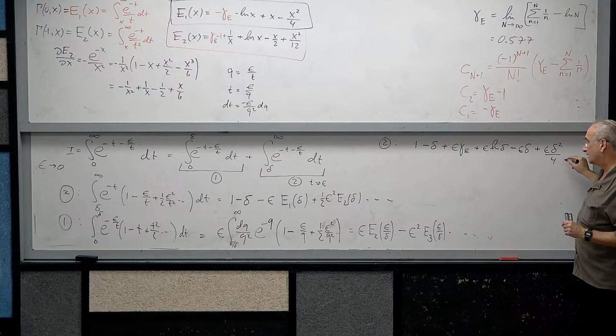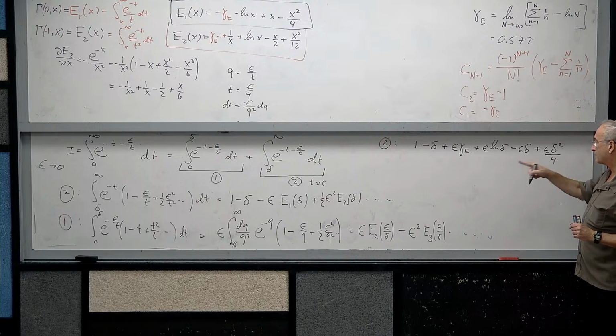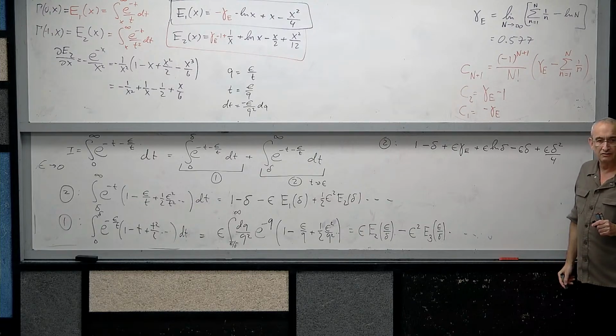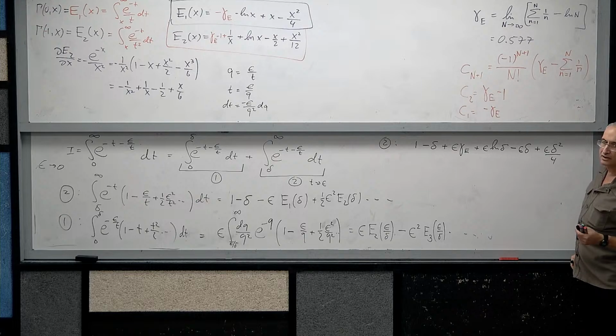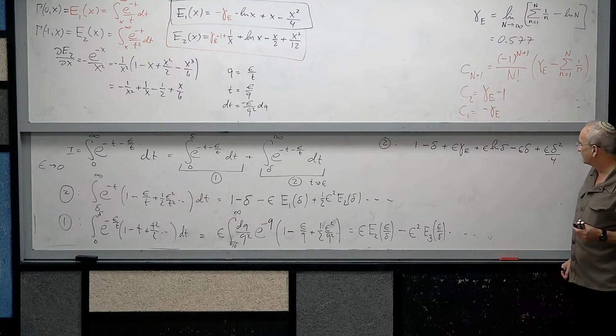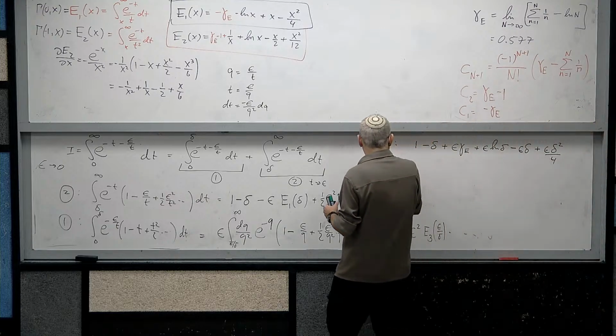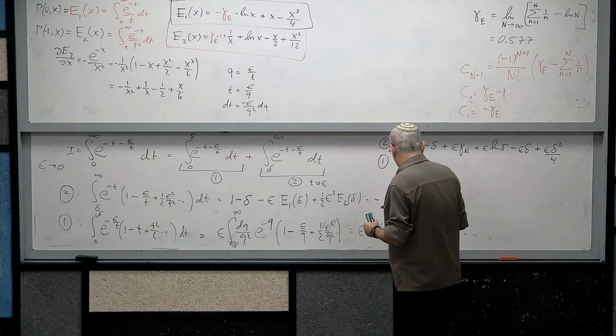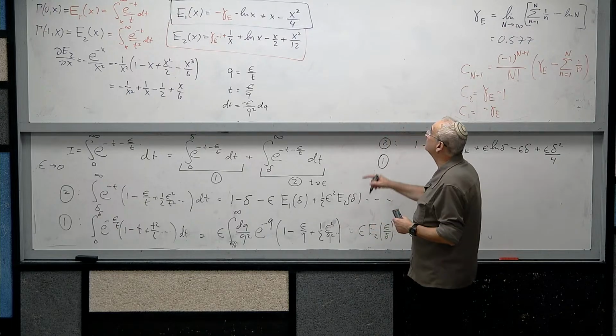Okay. Now what about the next? The next thing goes like 1/2 epsilon squared, so I can always neglect it to first order in epsilon. Now what about integral number 1? Integral number 1 gives me epsilon times E2.